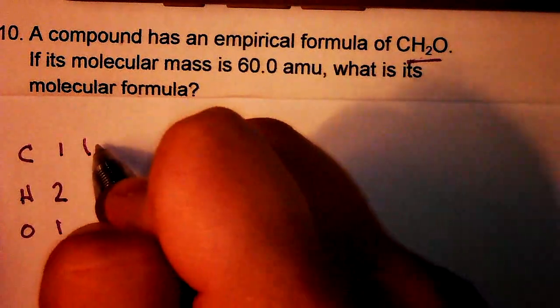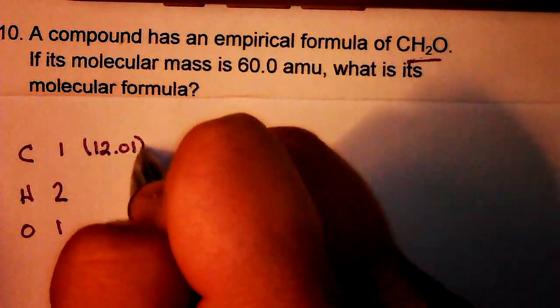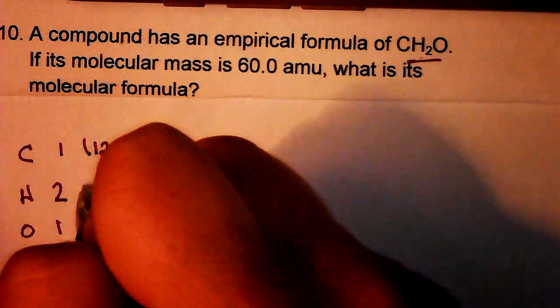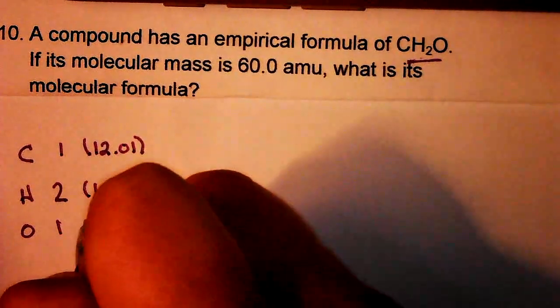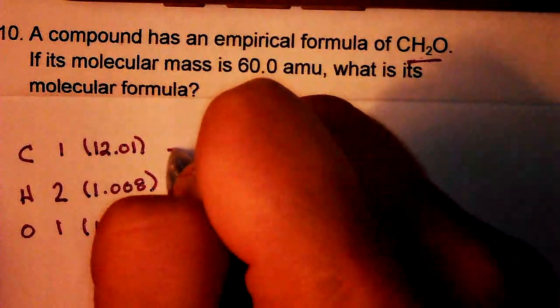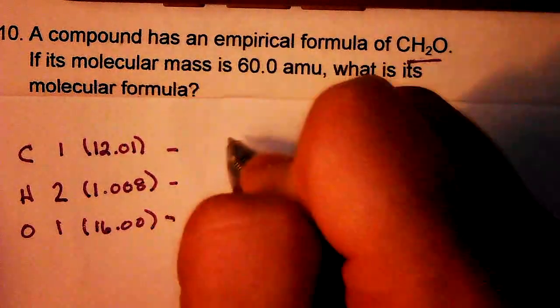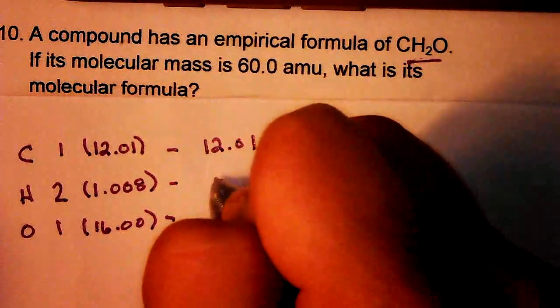And I'm going to take the atomic mass from my periodic table of elements and put that in here. Okay, 16. All right, and then I am going to multiply those. Not hard math for me this time.